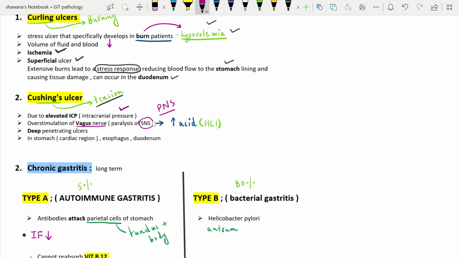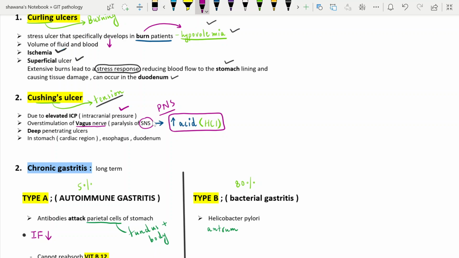As you know, our rest and digest response becomes activated, and it results in more digestion. More digestion means more acid is going to be produced, and it results in hypersecretion of HCl. And when HCl is in an oversecretory state, it would obviously result in gastritis.